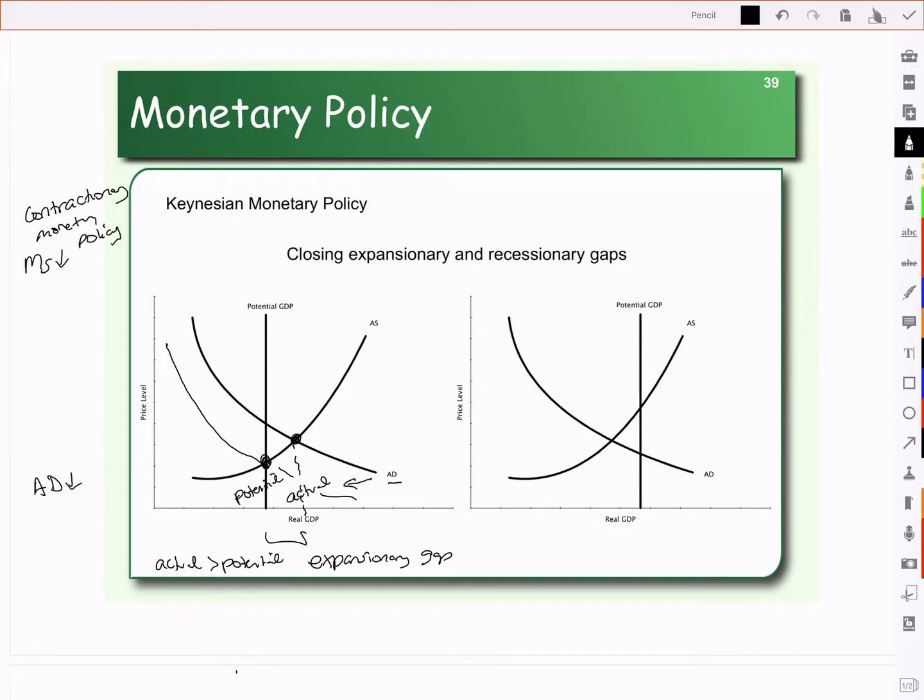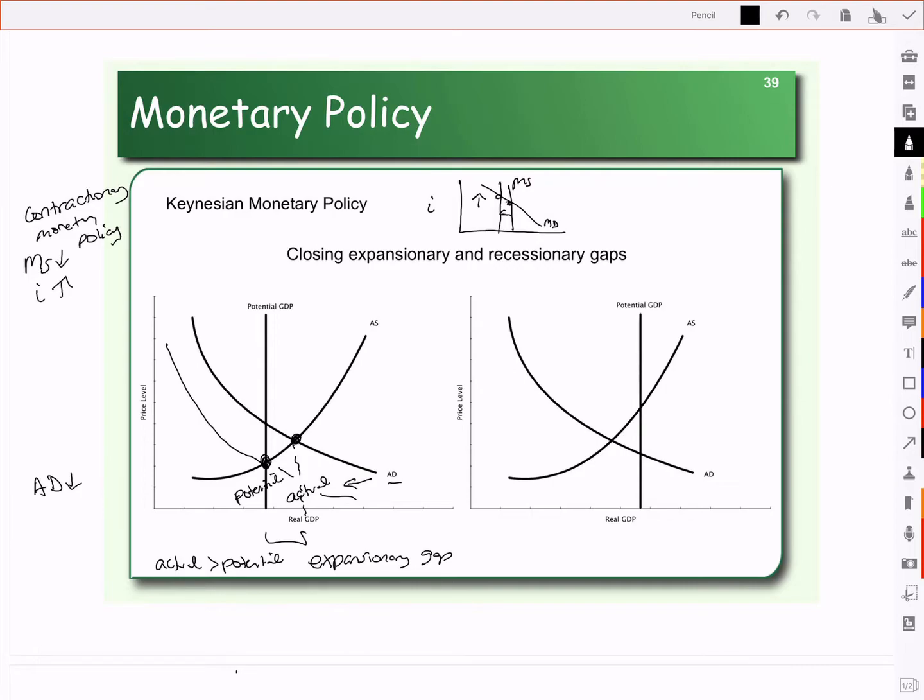And we know that if we decrease the money supply, what happens to interest rates? Let's go back and think back to your graph. Let's just draw a little one here. Here's money supply, here's money demanded. If you decrease the money supply, then interest rates do what? They go up, right? We go from here to here, interest rates go up.